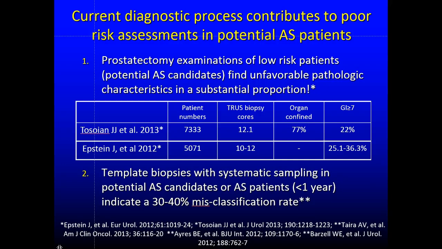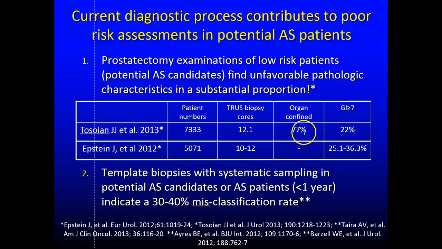I just wanted to show you here a couple of large series looking at prostatectomy specimens in patients who were otherwise candidates for low-risk disease. And interestingly, you'll see that their TRUST biopsy cores were 10 to 12, so exactly what we'd expect in the modern era.